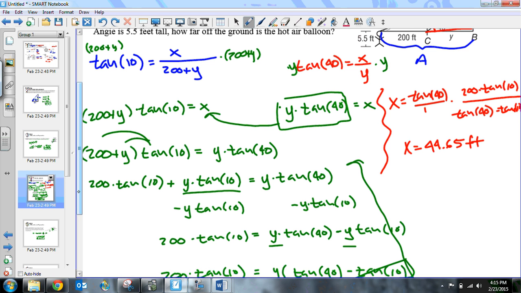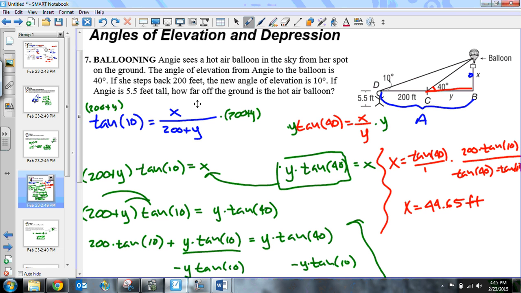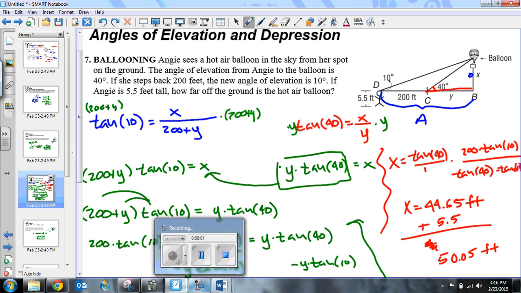That's x, but remember, we want to add 5.5 feet to that. So we add 5.5 feet, and we end up getting, what is that, 50.05 feet? Let me add 5.5 to this and round.